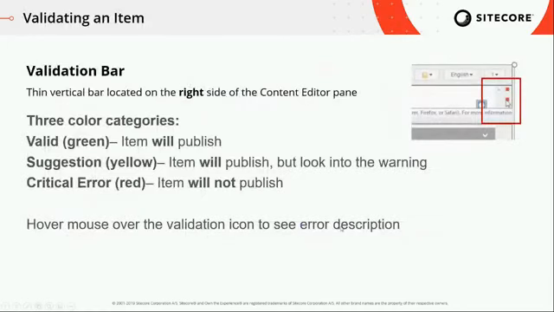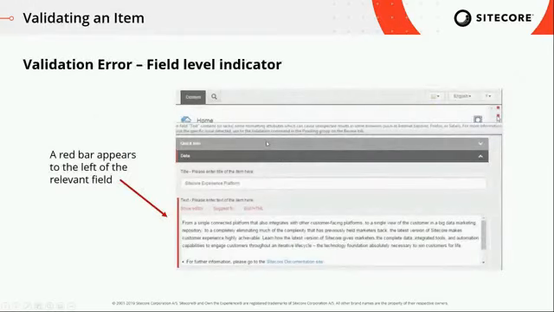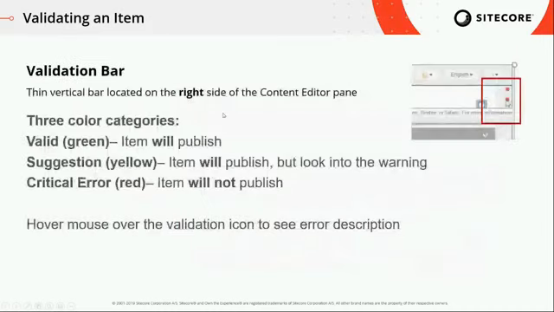Now, let's take a look at, well, hold on just a moment and I'll bring up an instance and show you this. Now, the previous screen, when I indicated that there was a validation error over the right-hand side, this is in the content editor in the upper right-hand corner of the content item. So what I'm going to do is show you what that looks like. Let's bring in our image.